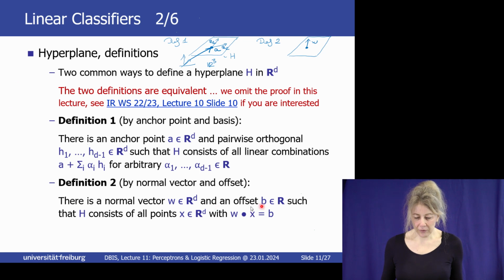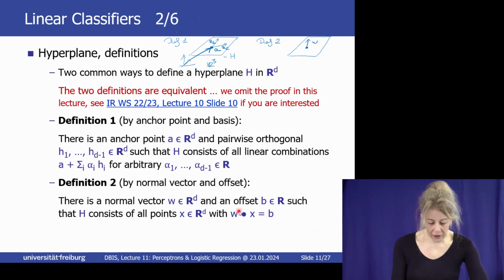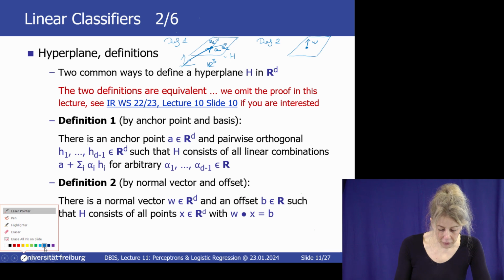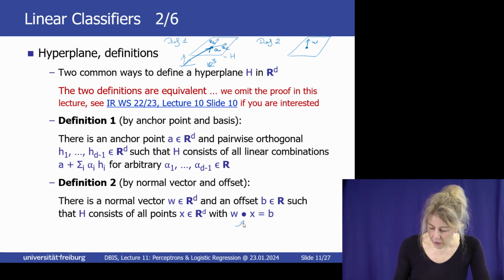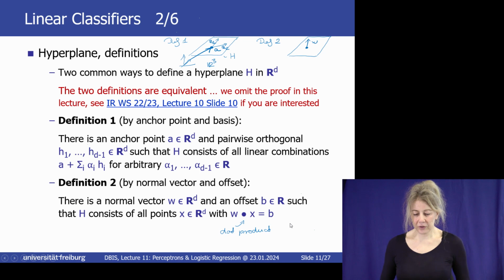And the hyperplane consists of all points where W, the dot product, and let me say this again, this is the dot product here of 2 vectors, right? Dot product is a fixed value B.